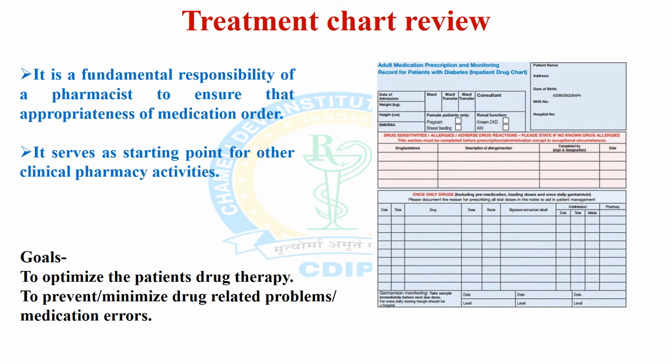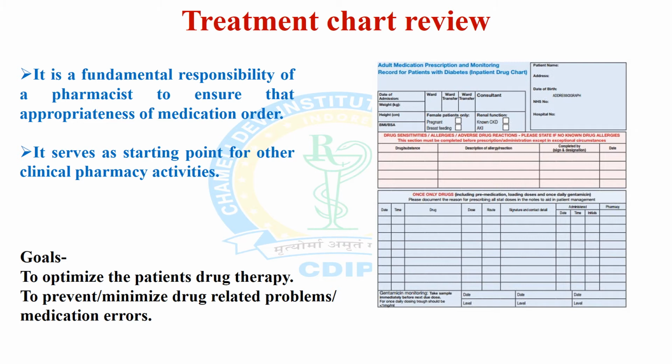Treatment chart review. It is a fundamental responsibility of a pharmacist to ensure the appropriateness of medication orders. It serves as a starting point for other clinical pharmacy activities, that is medication counseling, therapeutic drug monitoring, drug interactions and adverse drug reactions.